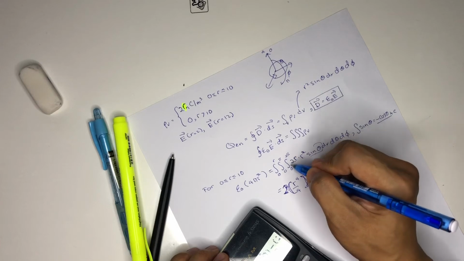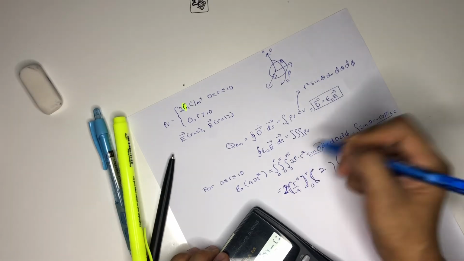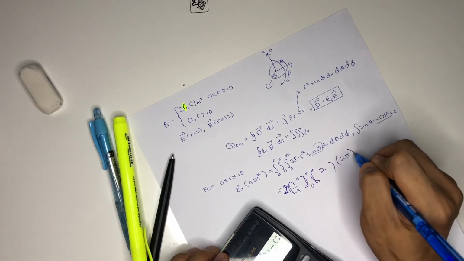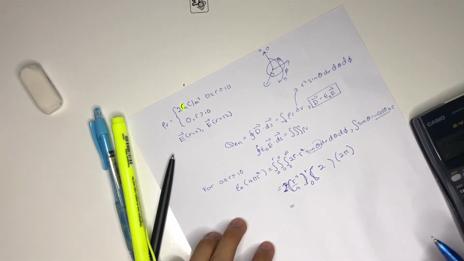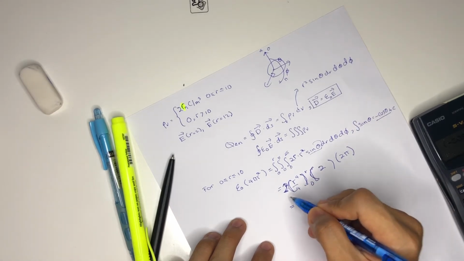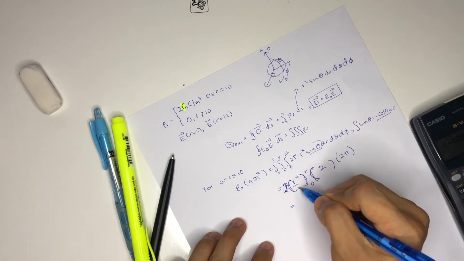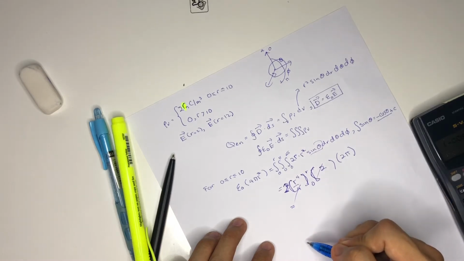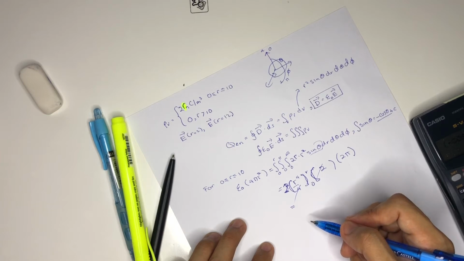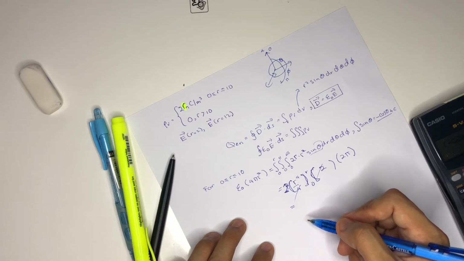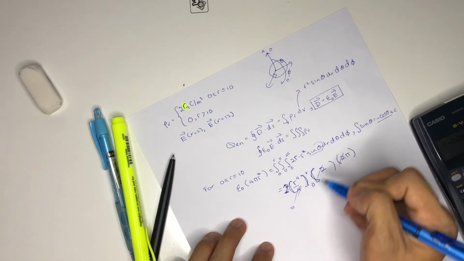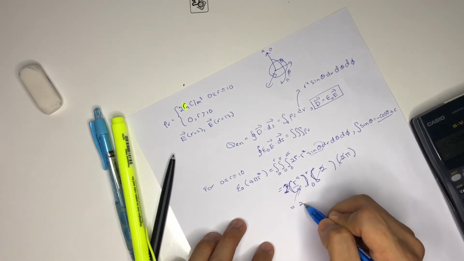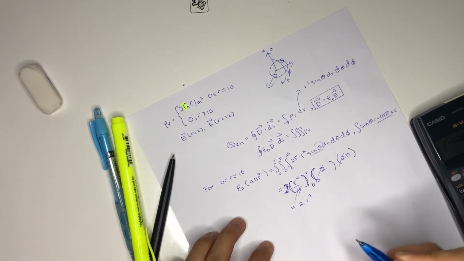It is from 0 to 2 pi, so it's just 2 pi here. So simplify the equation. This one you cancel out, and we'll cancel this out as well. So you will be left with 2 r to the power of 4.